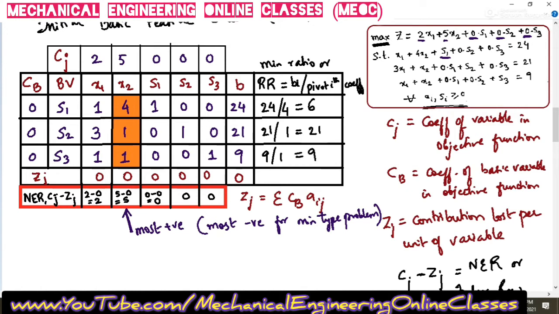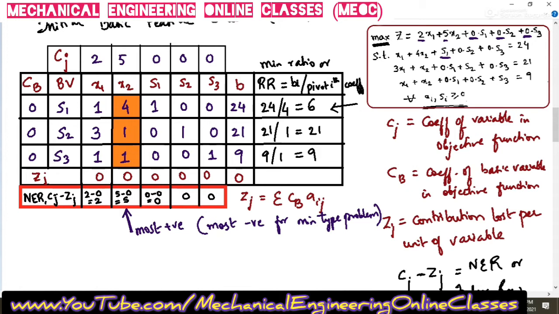As the name suggests, the minimum ratio means whichever ratio is minimum, that corresponding variable leaves. Here 6 is the minimum of 6, 21 and 9, so S1 must be the leaving variable. The basic variable set will now comprise x2, S2 and S3.